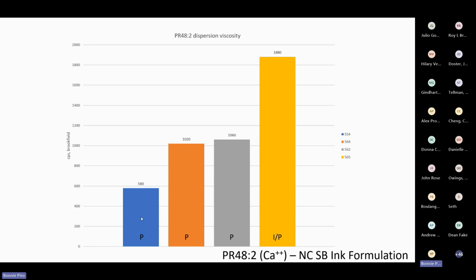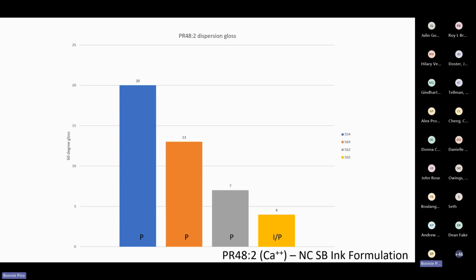And the 554 product, which was originally developed for plastics applications, offers the lowest viscosity, with the other two options in between. So again, it's very important to understand that these products will all work. They'll just work differently based on the finishing techniques that are being employed.